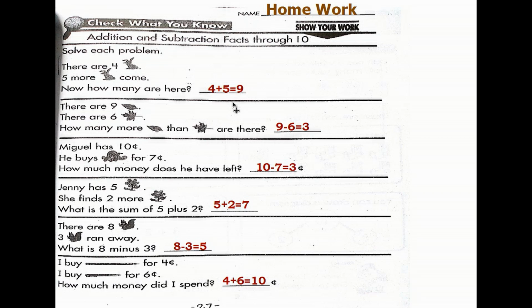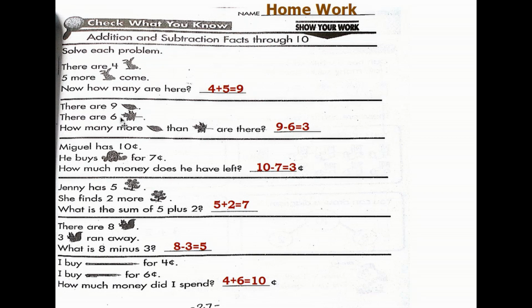If you say addition, yes, good job. So first there were 4 and 5 more came. Totally there are how many rabbits? 9. How do you get 9? Counting, okay? Hold 5 in your mind, take out your 4 fingers and count them, it will be 9.